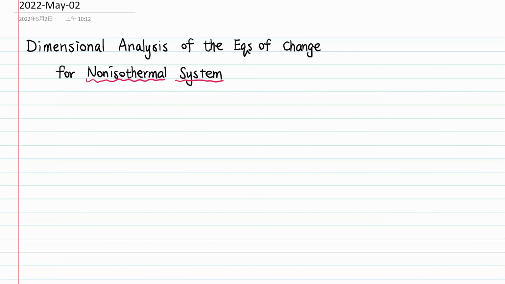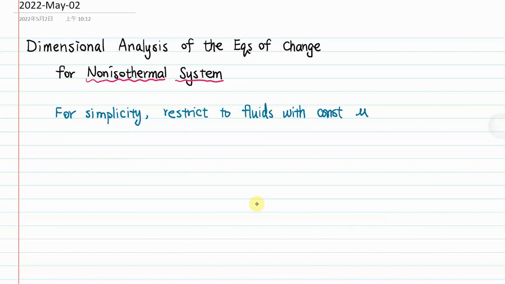So for simplicity, we will restrict our discussion to fluids with constant fluid properties like viscosity, like thermal conductivity, and heat capacity. Okay, so we'll put a parenthesis around it.